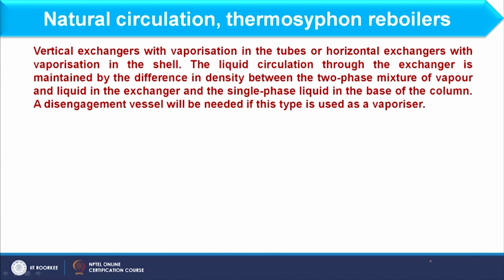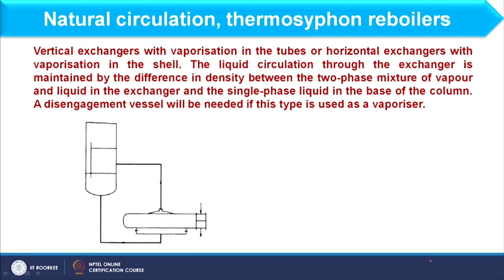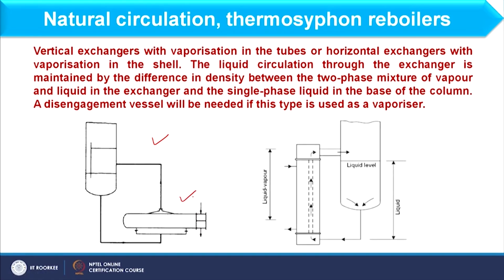Okay. So, you see here I am having the schematic of thermosiphon reboiler when it is placed horizontally, and here we have the schematic when the reboiler is placed vertically, right. So, what will happen, bottom liquid of distillation column, it enters to the reboiler, okay, and it enters to the shell side of the reboiler, right.